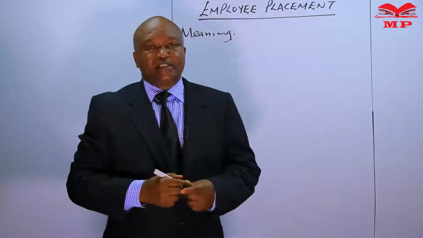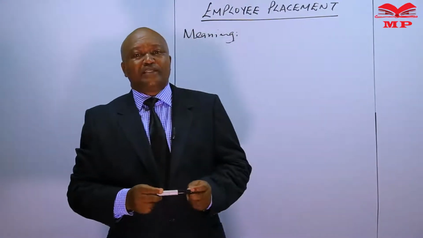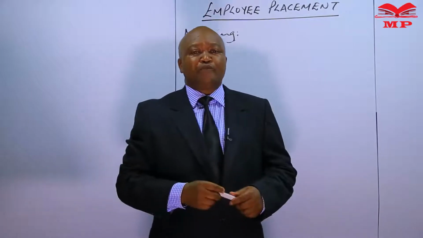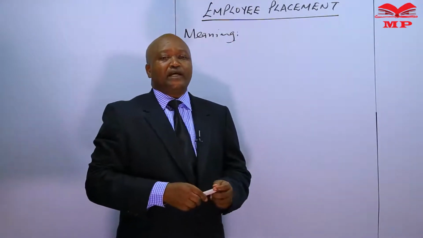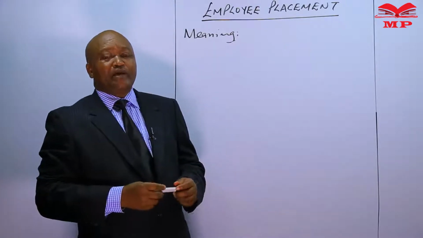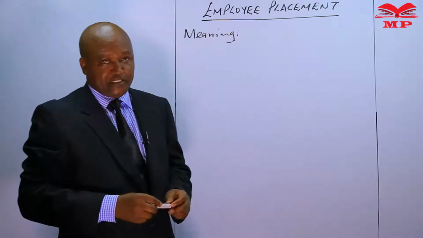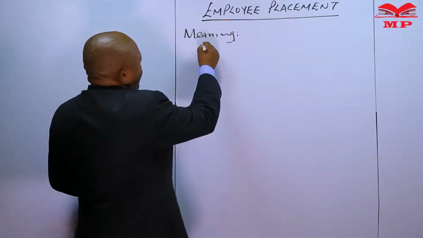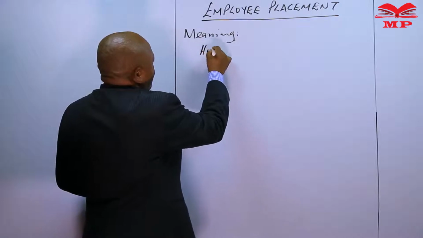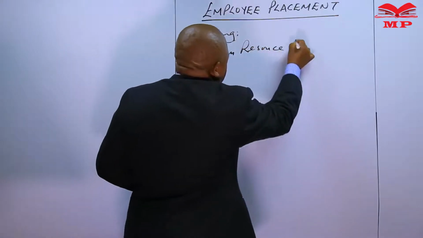Employee placement is the process of placing or fixing an employee in one of the several positions that an employee can be deployed to in any given organization. For instance, an employee may be employed as a human resource assistant.